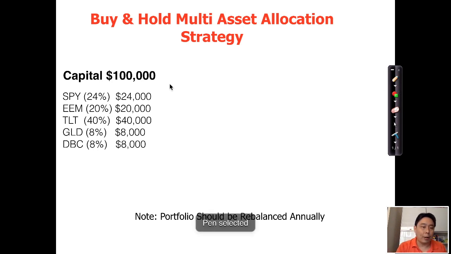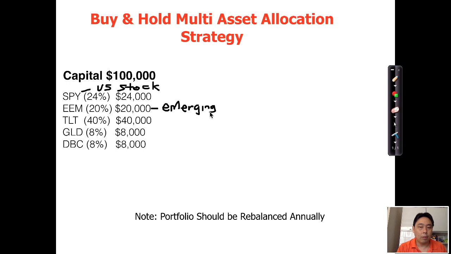If you didn't get that, let me just write it down really clearly for you. So this is the US stocks. This represents emerging markets, or rather, emerging stock markets.